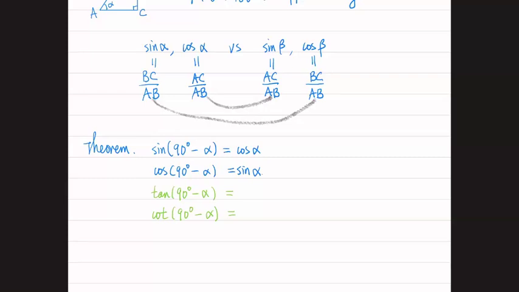Okay. Any thought? Kira, any thought on this? Not really.